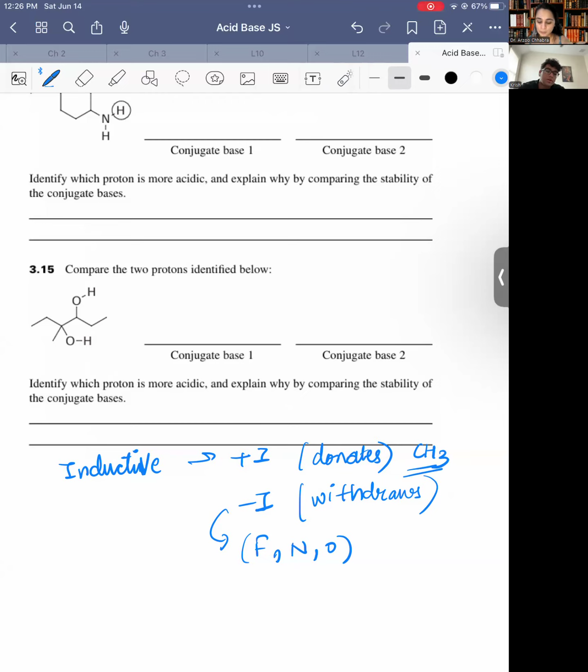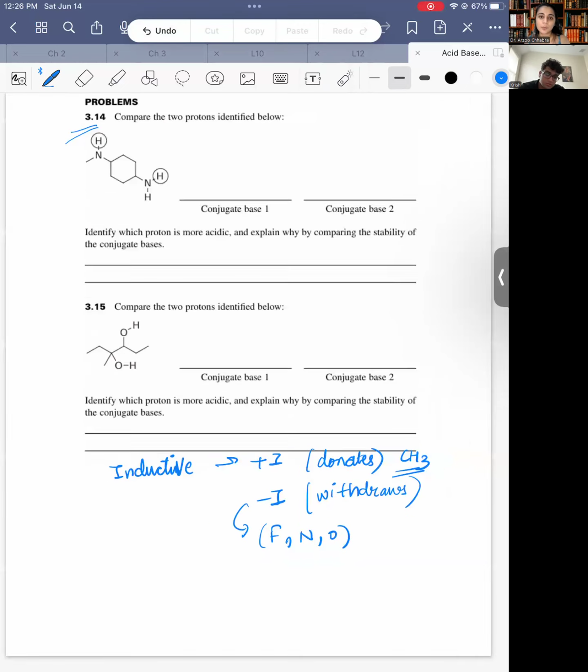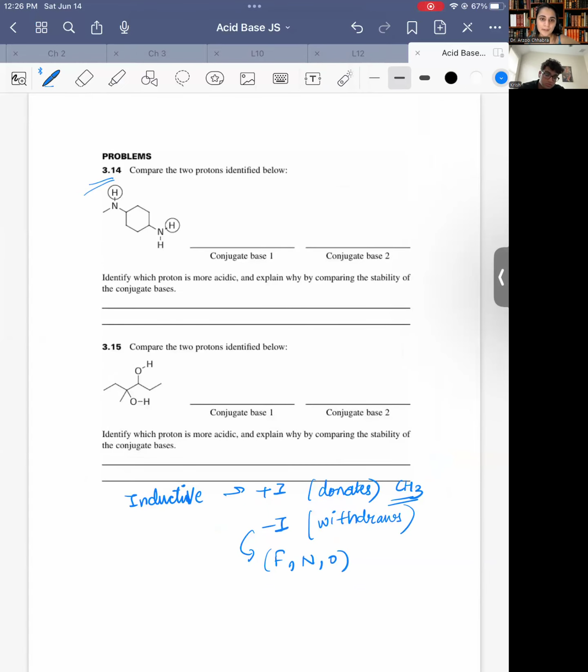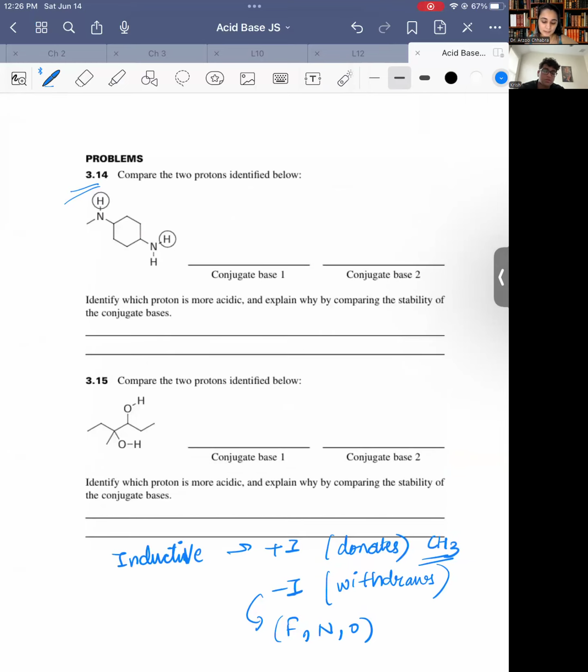So when we have the donation of that electron density, the result is going to be the opposite of what we are used to seeing with acidity. So the conjugate base itself becomes less stable. Yes, that's right. So then the answer is this hydrogen because of the plus I effect.